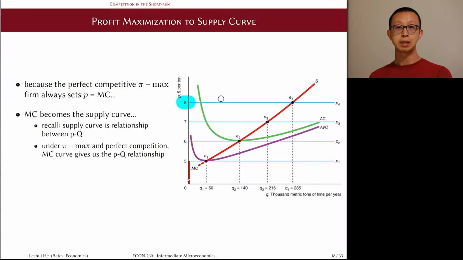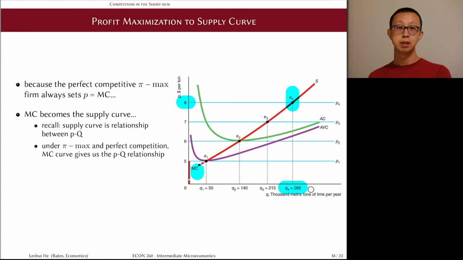Then the firm that maximizes profit under perfect competition would choose the optimal output level such that the marginal cost curve, which is this red one, is equal to the price level, which is $8. And this will correspond to this point E4 here with a quantity level of 285 units.